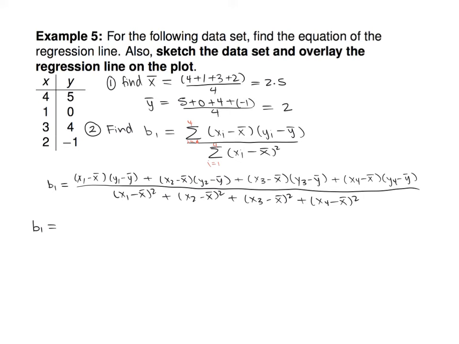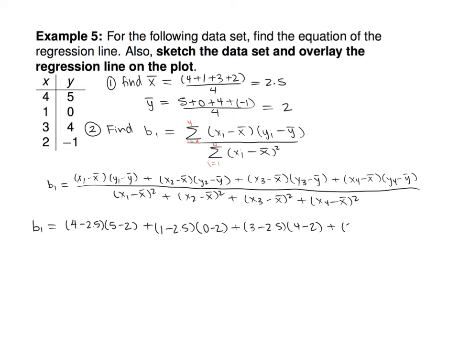So x1 is the value of our first x, which is 4. X bar is 2.5. So 4 minus 2.5 times the y1 is 5. Y bar is 2. Okay, x2 is 1 minus 2.5, 0 minus 2. The third x is 3. The third y is 4.